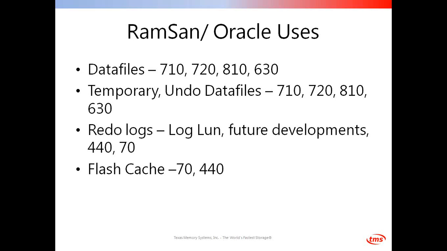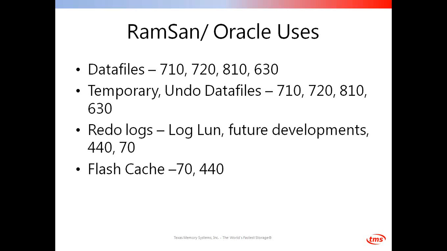For redo logs, you can either go to, for example, a log LUN on our older boxes, or you can go to our new environments. We've got the 512 native write, which makes them very performant. So again, if you didn't want to use flash, you have the 440 or the 70 internal card. Of course, if you've got a rack environment, you have to go with external storage. For flash cache itself, as we said before, the 70 to the 440.